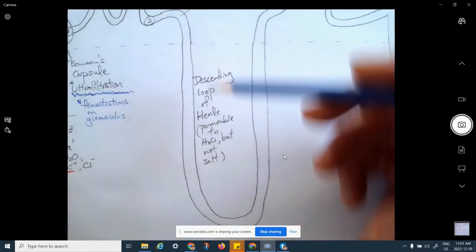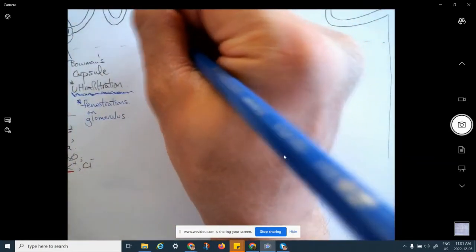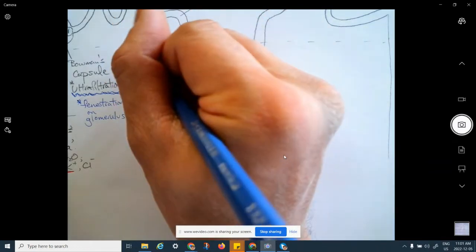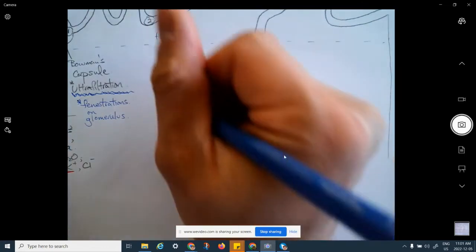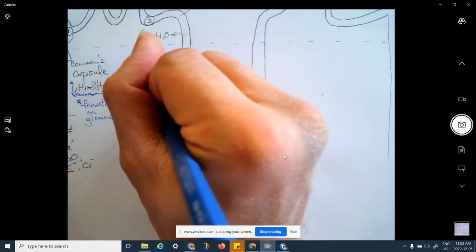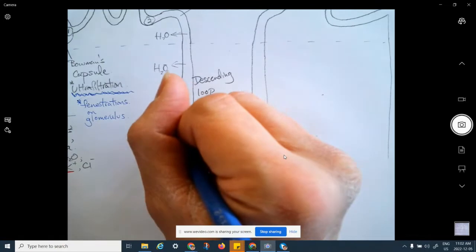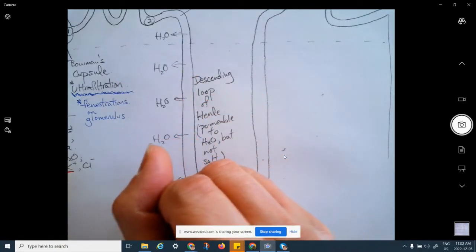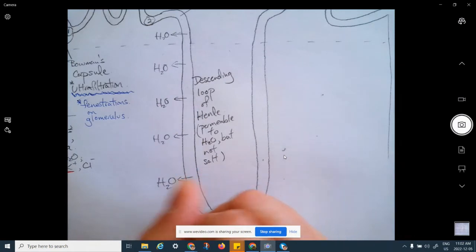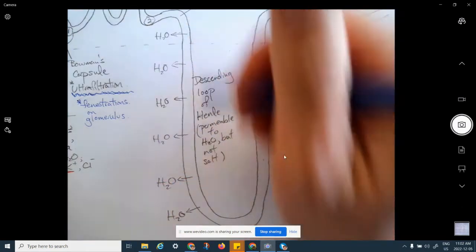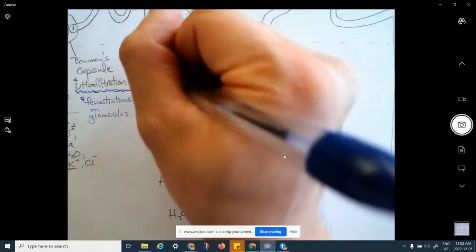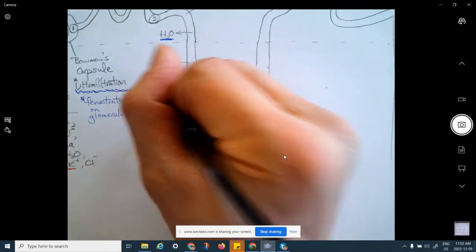Okay? So what it means is this. Throughout the descending loop of Henle, water will be leaving the filtrate as it goes down. Water is leaving the filtrate at this point through osmosis, which is a passive transport.